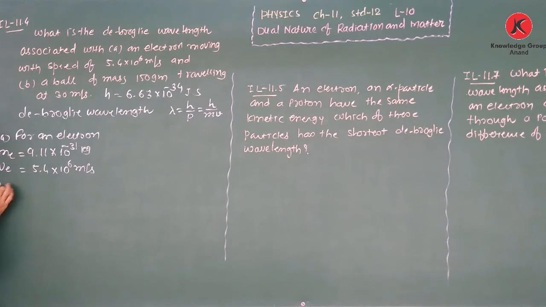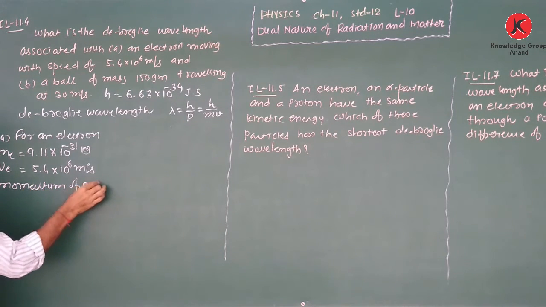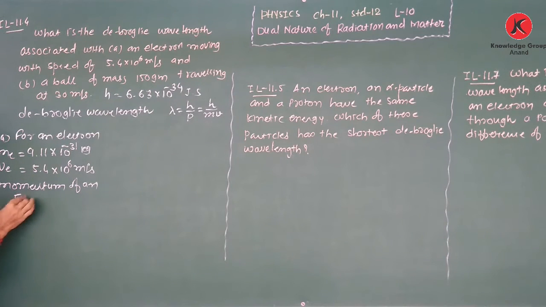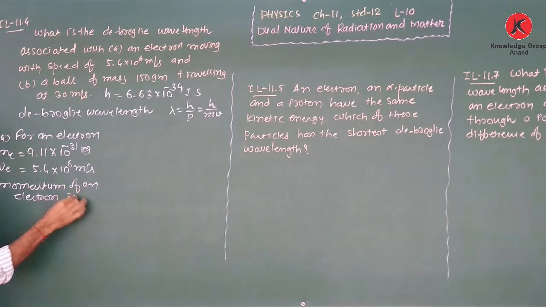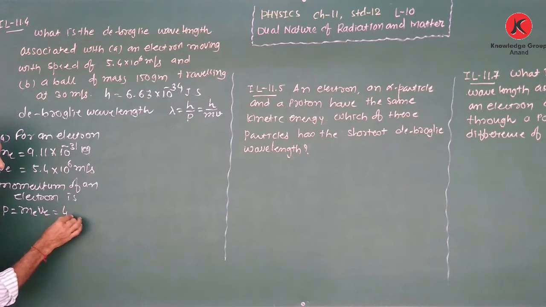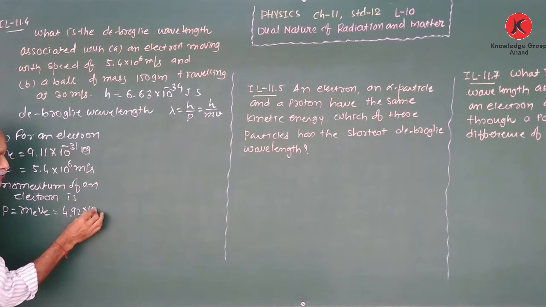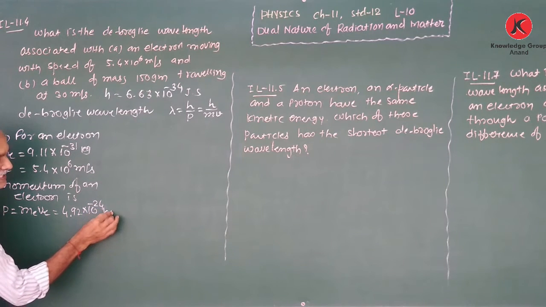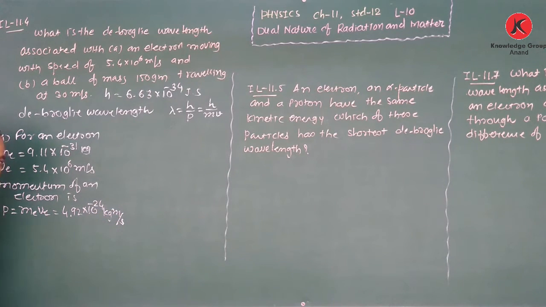Therefore, momentum of an electron is p is equal to m_e v_e. Substituting the value of mass and speed of the electron, we obtain the momentum of an electron is 4.92 into 10 is to minus 24 kg meter per second.